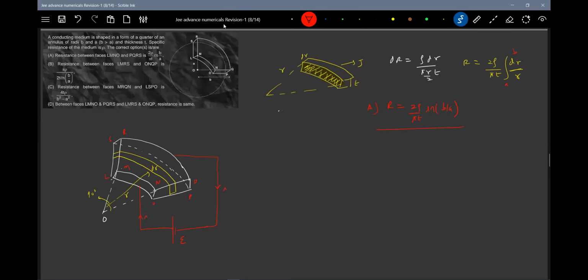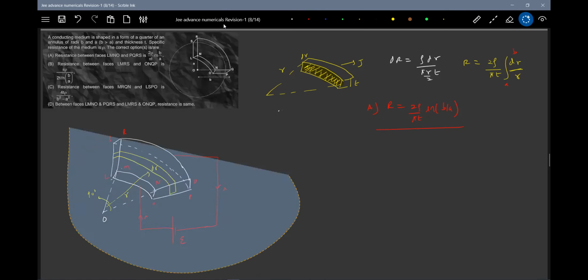Now similarly, the resistance between the faces LMR and ONQP means the same structure. I need some space here.